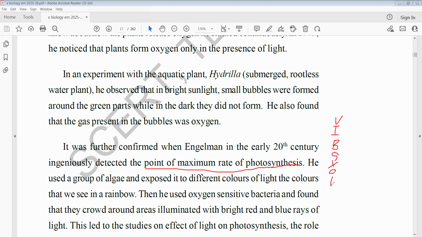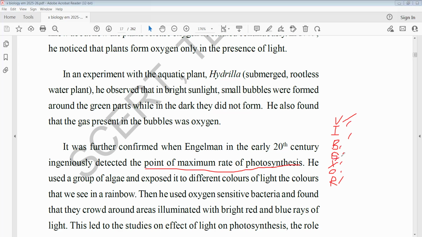Visible light consists of 7 colors with VIBGYOR: violet, indigo, blue, green, yellow, orange, red. The main photosynthesis is carried out in blue and red.